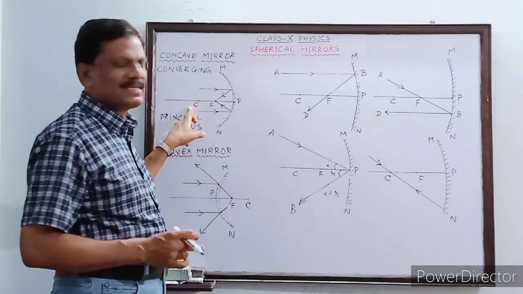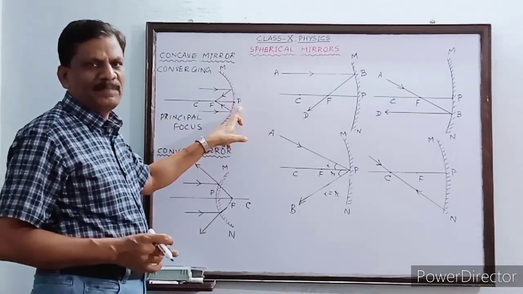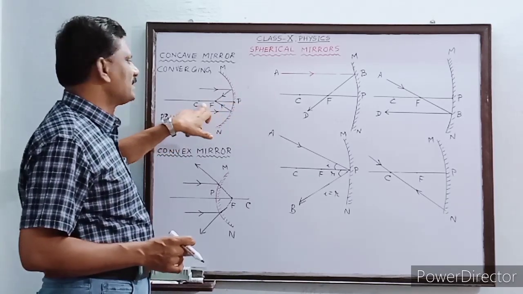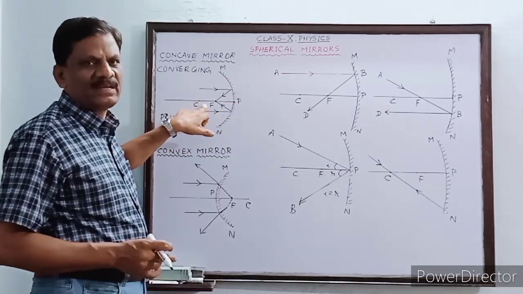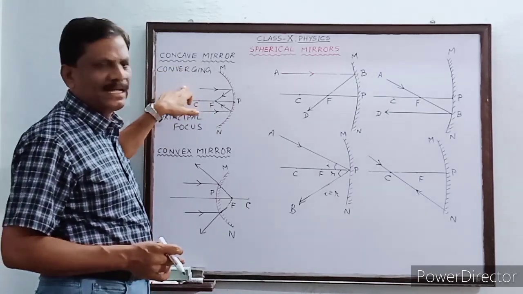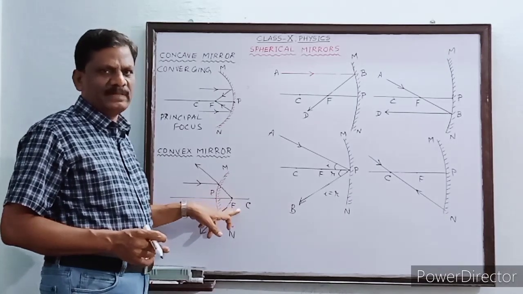So C is called the center of curvature, and P is the center of the mirror, and that is called the pole of the mirror. And F is called the principal focus at which all the reflected rays will converge in the case of a concave mirror, and appear to come from that point in a convex mirror.